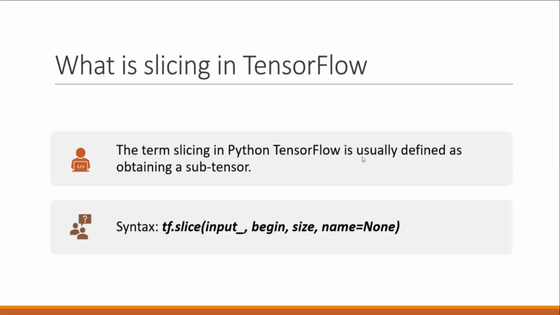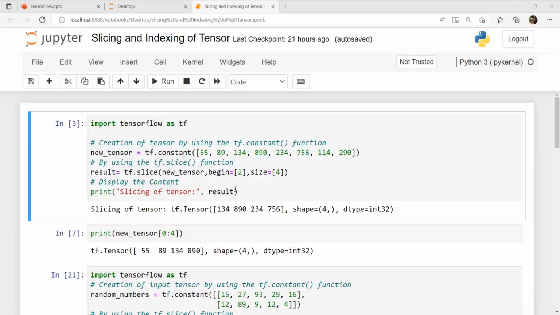Now let us take an example and understand how we can extract the tensor in TensorFlow by using the tf.slice function. In this example, first we have imported the TensorFlow library with the alias name tf, and then created a tensor by using the tf.constant function, and within the function we have assigned integer values as a parameter.